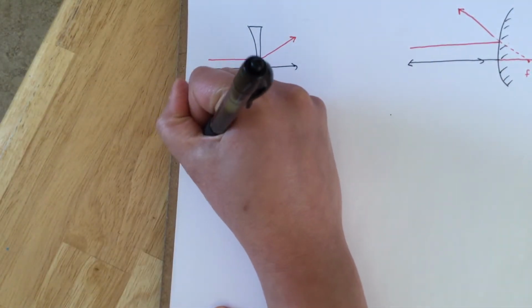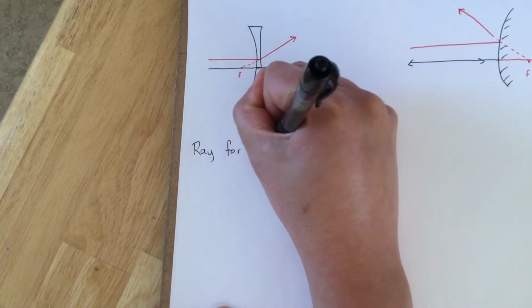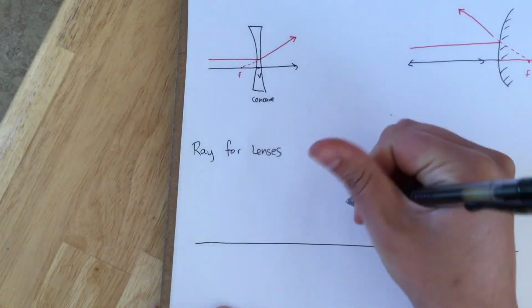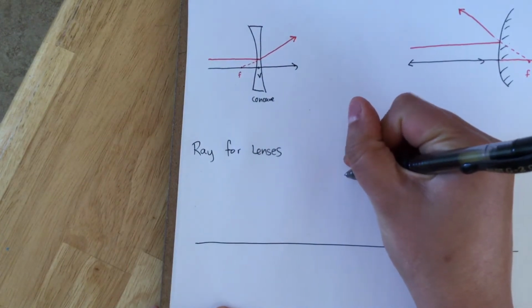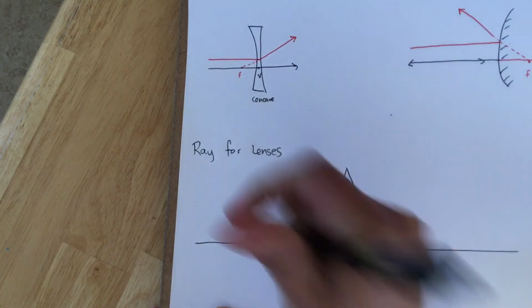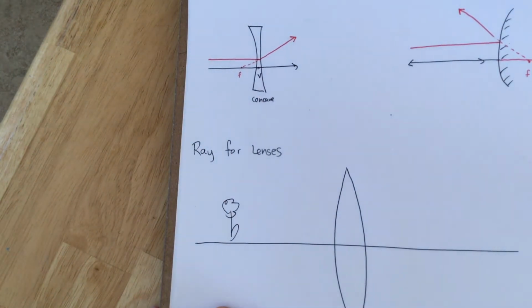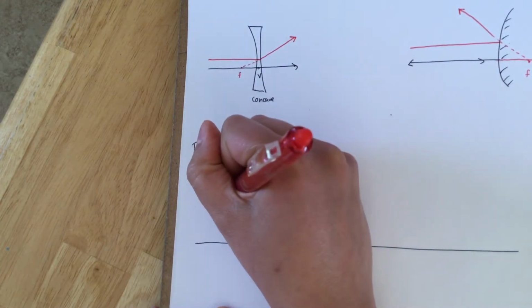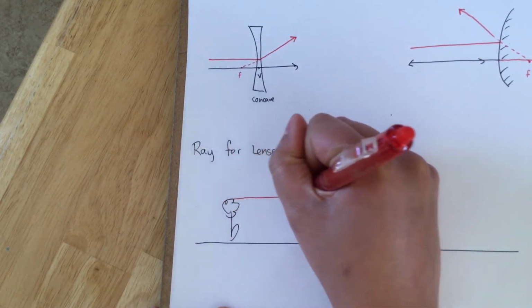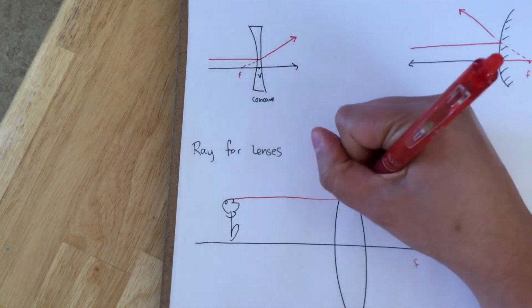So when we draw ray diagrams for lenses, let's do this for a converging lens. Let's say I'm doing a ray diagram for a flower. Ray 1, which I drew in red before, goes parallel into the principal axis and out through the focal point.